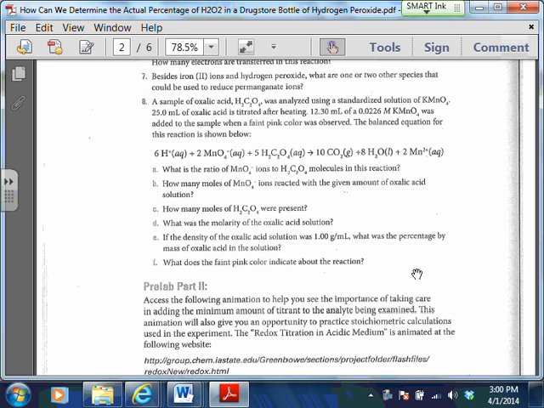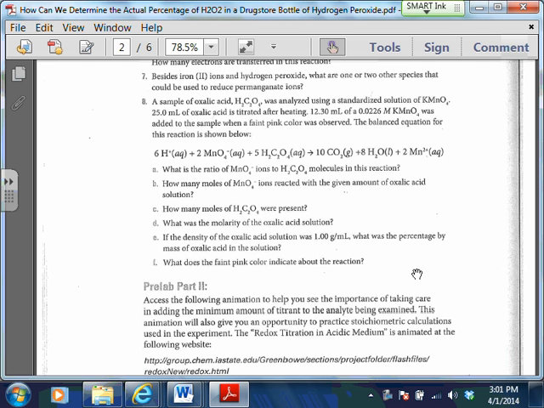What does the faint pink color indicate about the reaction? That does indicate the end point of the titration, or the equivalence point. It's faint pink for a different reason than you're used to this being faint pink, right? Because usually we put phenolphthalein in these and they turn faint pink because it's becoming more basic.